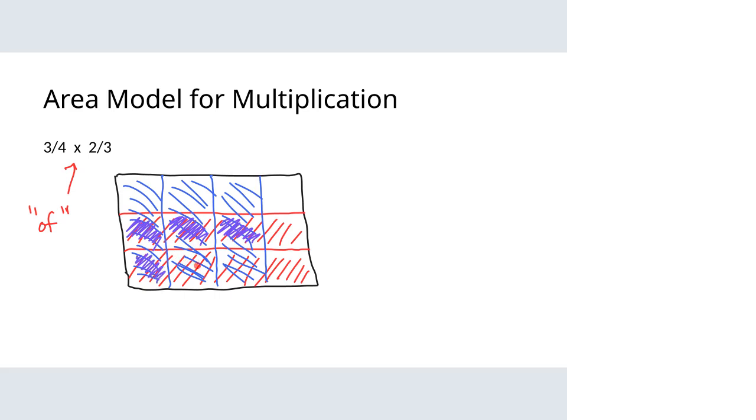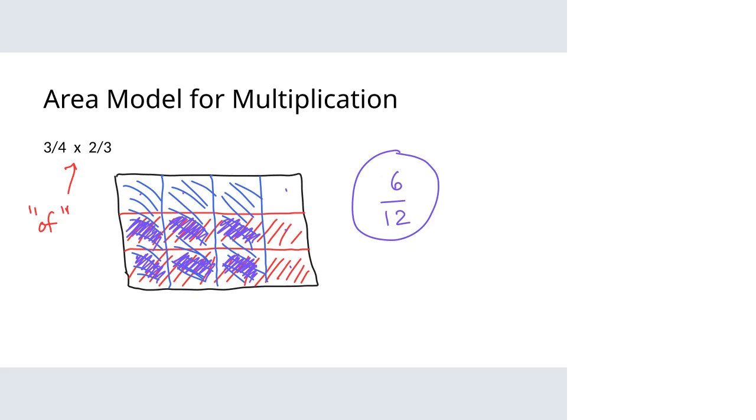These are the ones where 3/4 and 2/3 overlap. And what you'll notice is that that's 1, 2, 3, 4, 5, 6 out of 1, 2, 3, 4, 5, 6, 7, 8, 9, 10, 11, 12. 6 out of 12 boxes are shaded. And as we saw just a minute ago, when we multiply 3/4 times 2/3, we get 6/12.